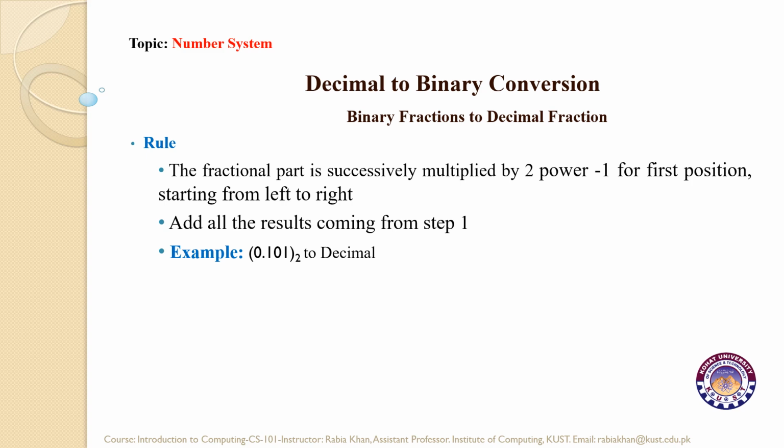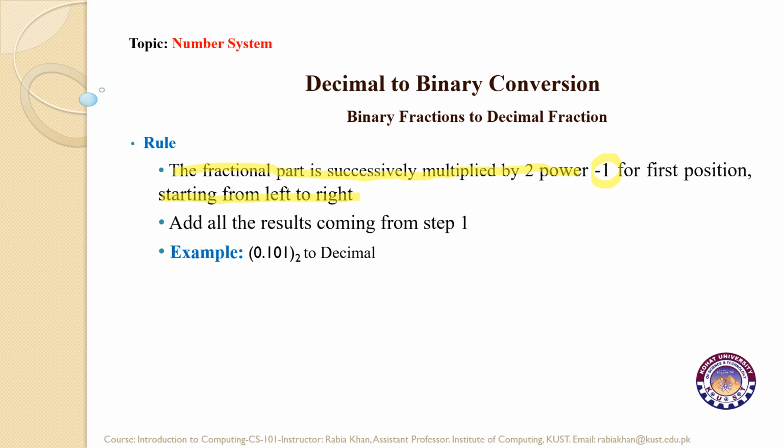The fractional part is successively multiplied with 2, starting with power -1 for the very first position, from left to right. The power of 2 will start from -1, and this multiplication procedure will move on from left to right.